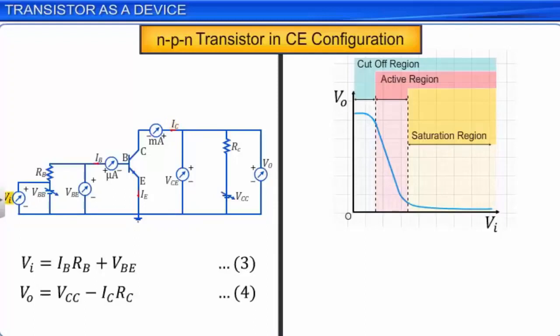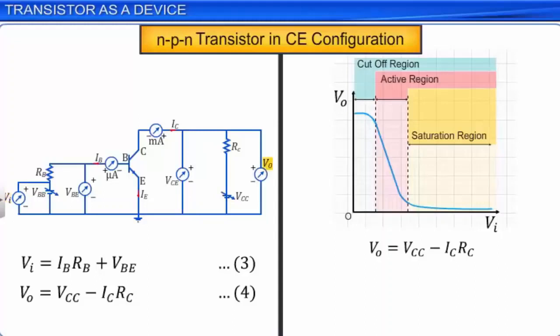The output voltage VO decreases linearly till its value becomes less than 1 volt. Beyond this, the transistor goes into the saturation state. That is, with further increase in input voltage VI, the output voltage further decreases to 0 but never becomes 0. In the saturation state of the transistor, the collector current IC is maximum.